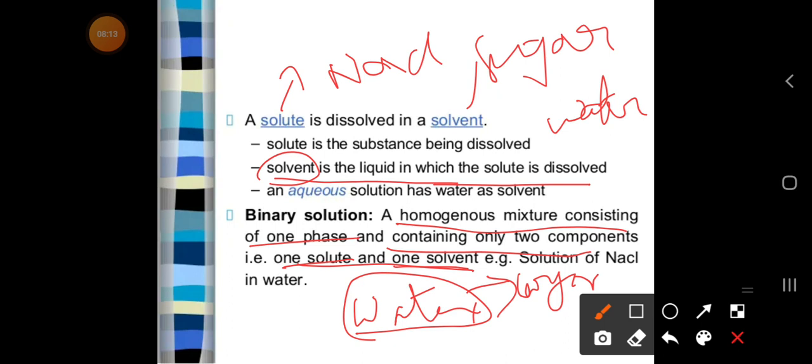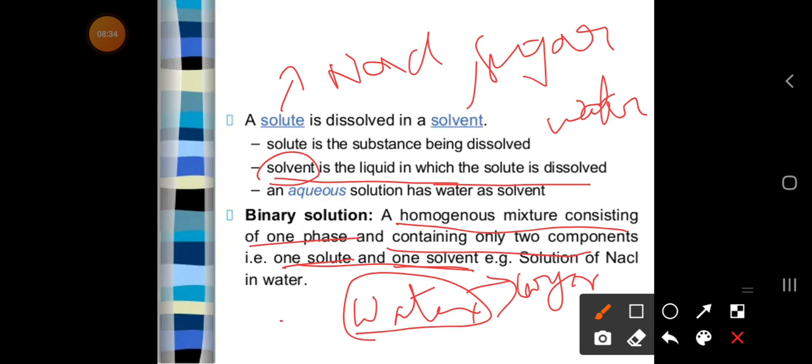So that is the general example I am giving from the start. Water is a solvent, and the solute you can take is salt or sugar. So it contains two components. Binary means bi, which means two. Salt is one component, and water is another component.